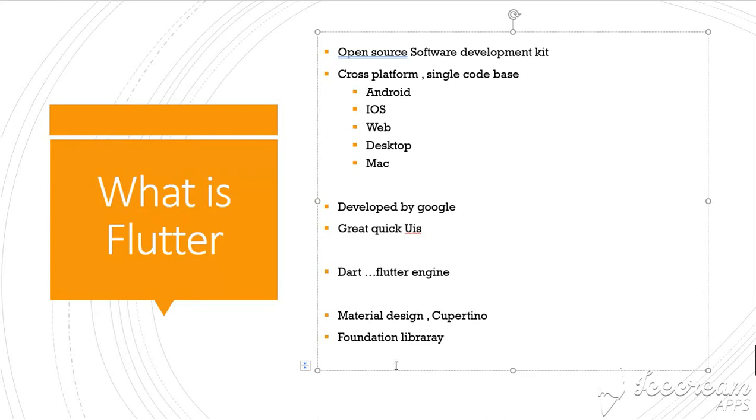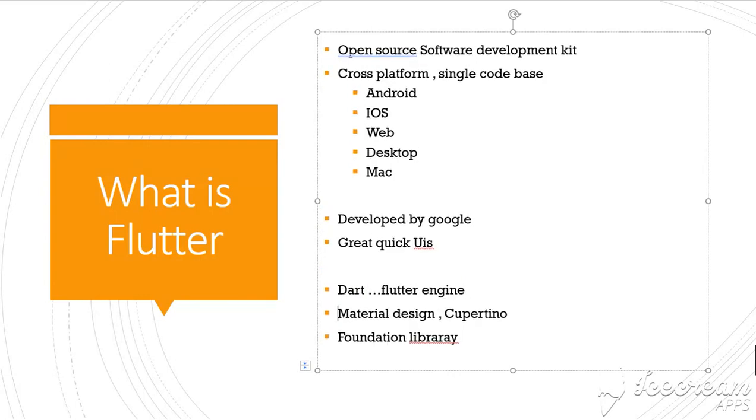So the foundation library, Material Design and Cupertino as two different sets of widgets, the Dart programming language, and the Flutter engine are some of the features of the open source Flutter software development kit.